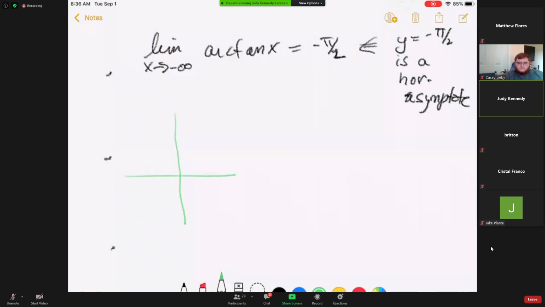But, okay, I'm drawing in green. Let's see, the cotangent has vertical asymptotes at integer multiples of pi, right? And in fact, it's 1 over the tangent, so it comes down like that, and this actually is an asymptote.